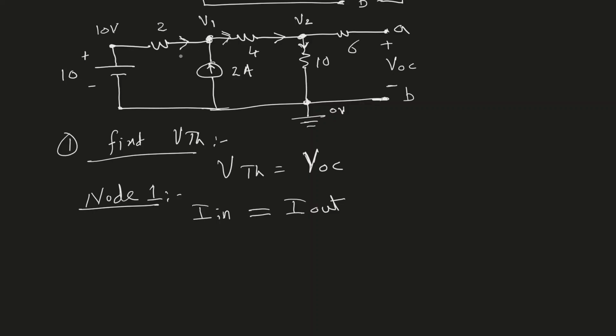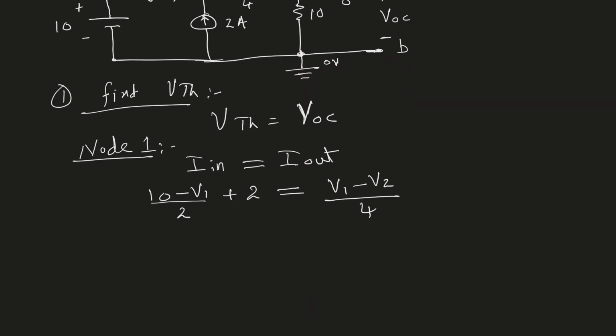So the current in this branch, which is entering V1, should be equal to (10 minus V1) divided by 2. This is the current that is entering node 1. Similarly, 2 ampere from here is entering the node. So these are the two currents that are entering node 1. The current that is leaving node 1 is (V1 minus V2) divided by 4.